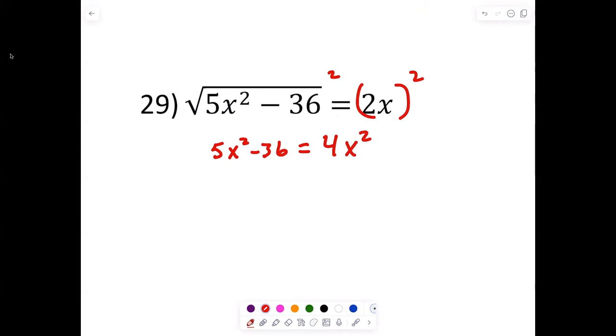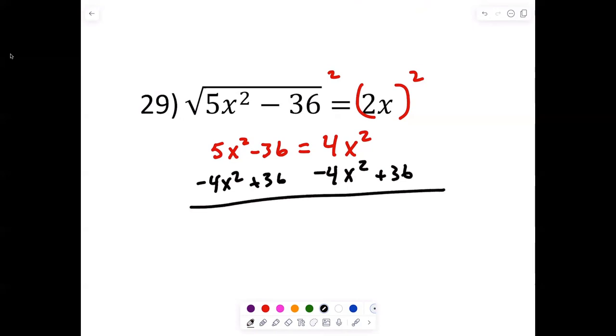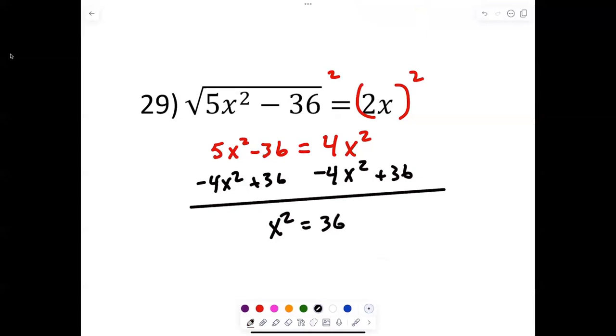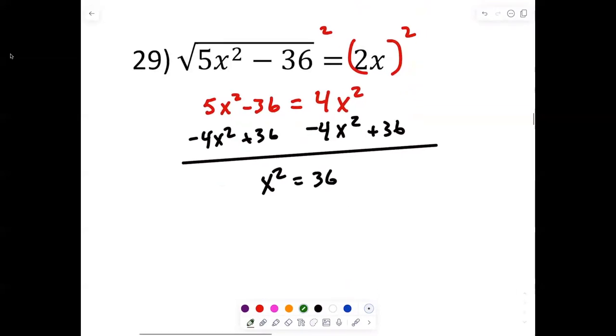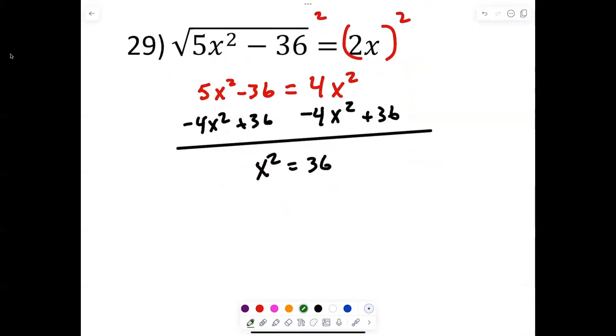All right. Now I need to move things around. All right, I got to put the x squareds together. So if I put the x squareds together, I'm going to subtract 4x squared. I'm going to add 36. That gives me x squared equals 36. And now what do I do to both sides?